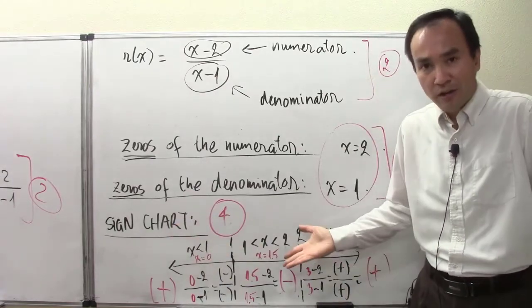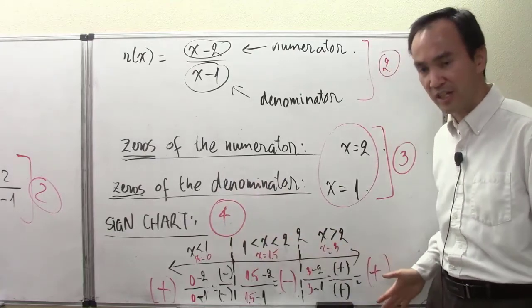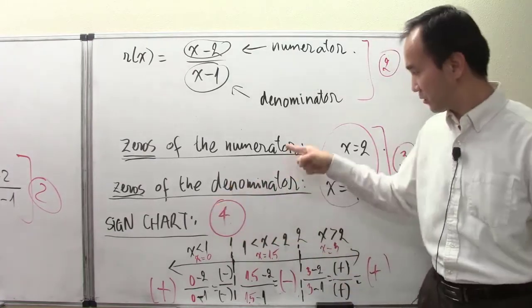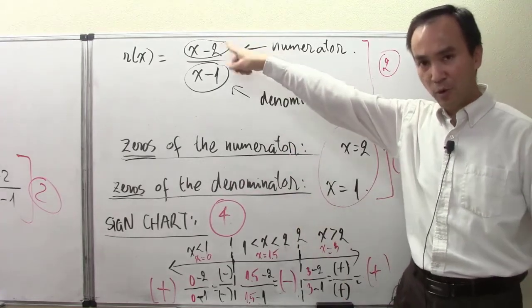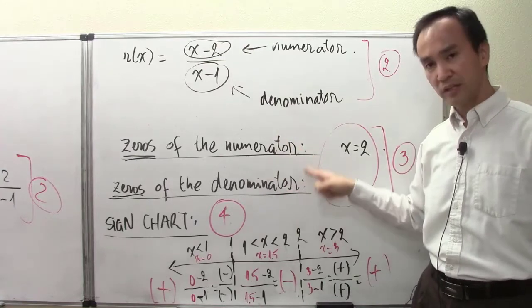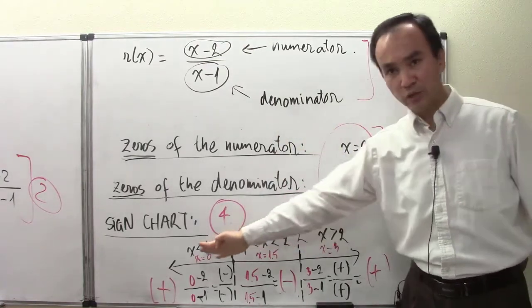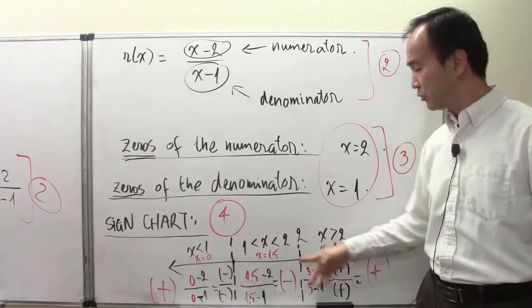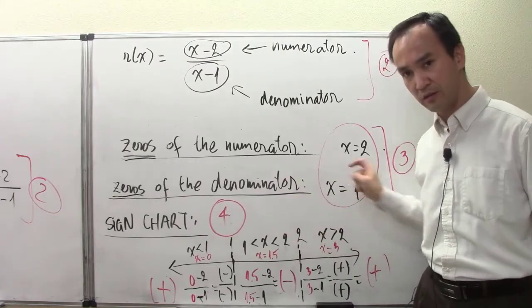But that's not the only interval. Recall that once we have built this sign chart, due to the number of zeros we found from both the numerator and the denominator after putting our rational function in simplified form, we naturally broke this number line into 3 separate intervals: 1, 2, and 3.